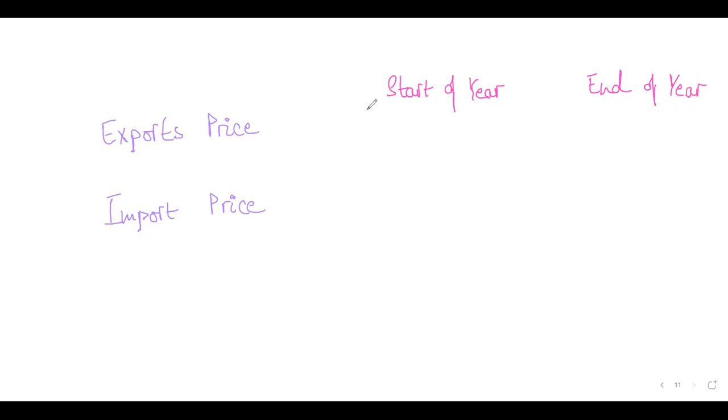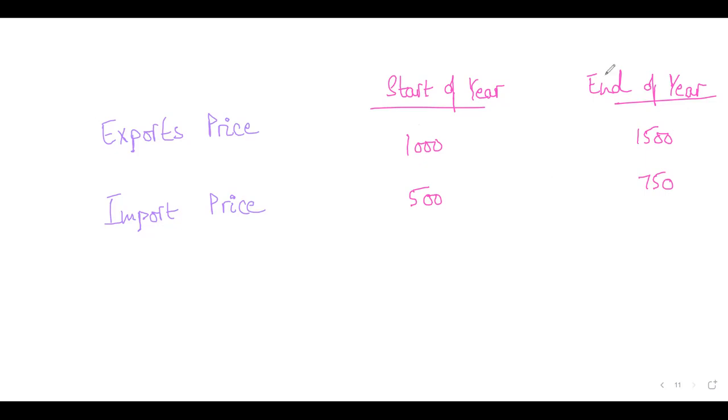Okay, now think about this. I'm giving you some calculations. If you have a calculator, that would be really helpful, right? Right. And let's say 750. So calculate the terms of trade at the start of the year. What was the terms of trade?